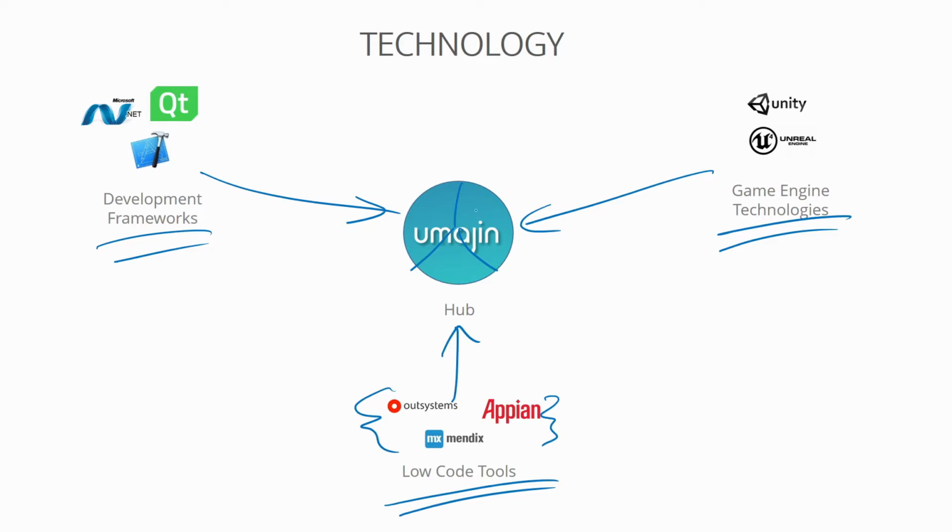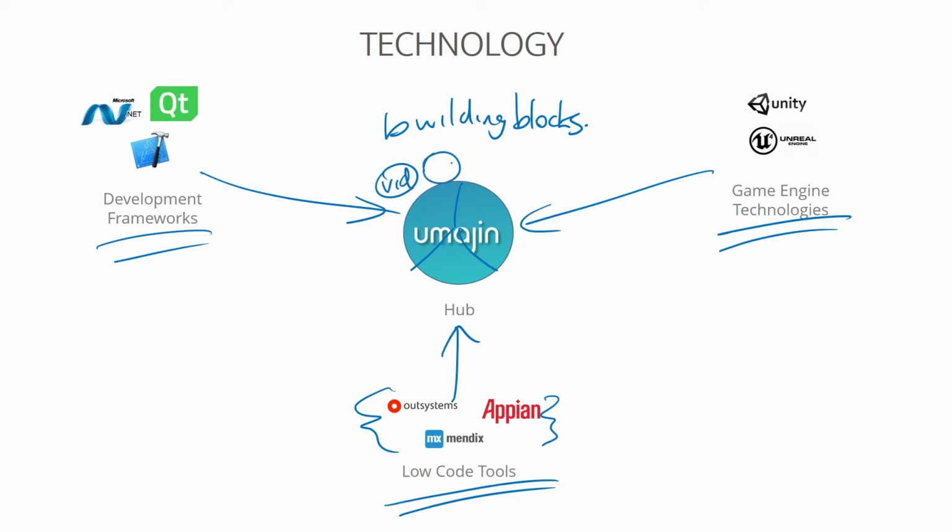And then really the concept of this runtime or the Umajin environment is that it acts as an analogy to a web browser. It's not a web browser, but we can essentially extend it with lots and lots of building blocks. And those are essentially high performance native chunks of technology.